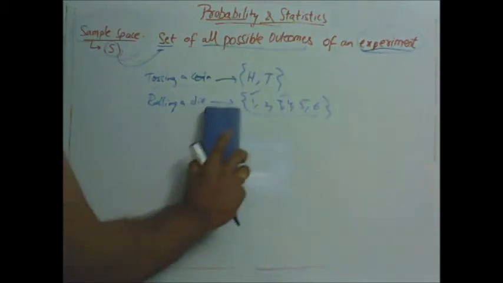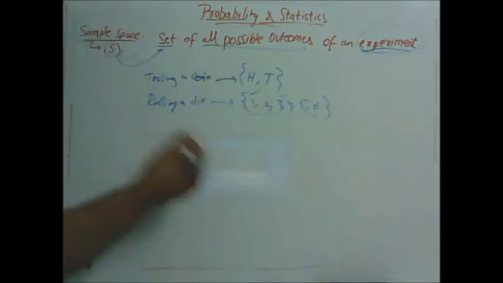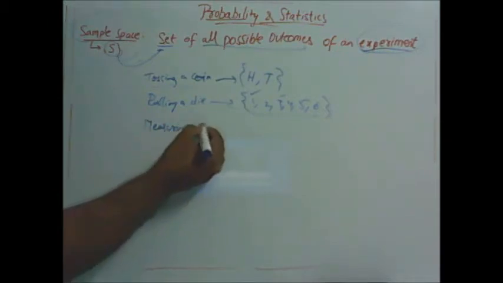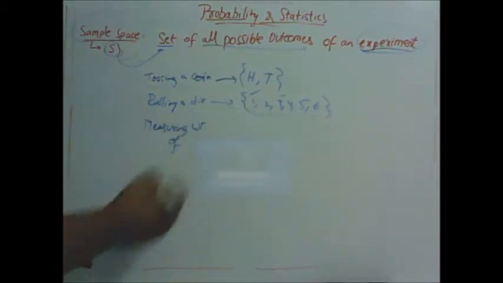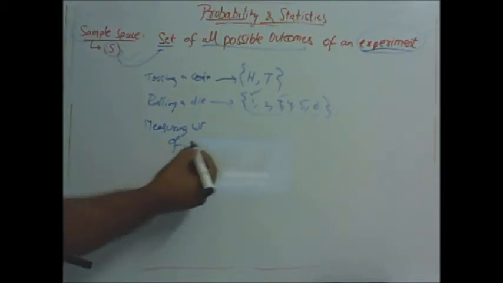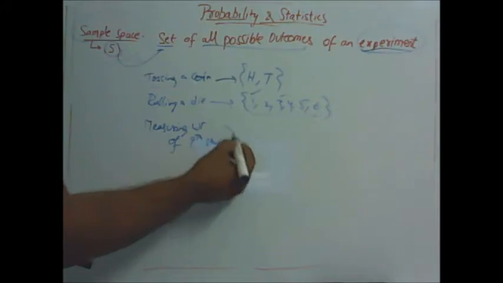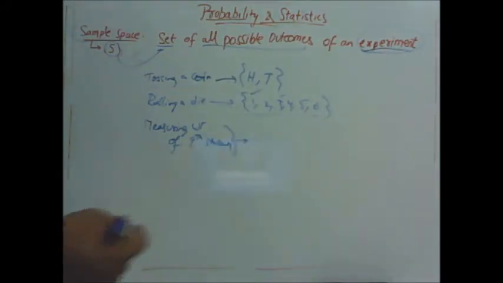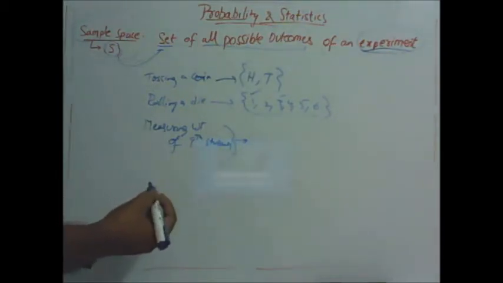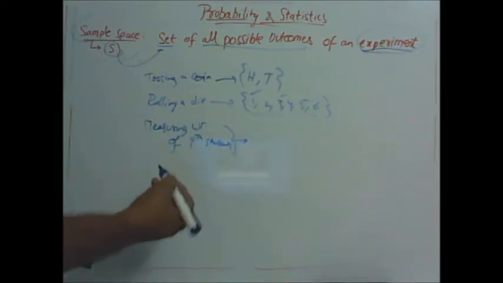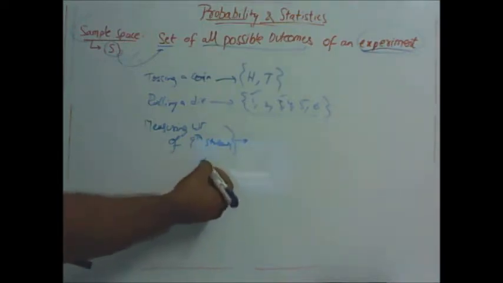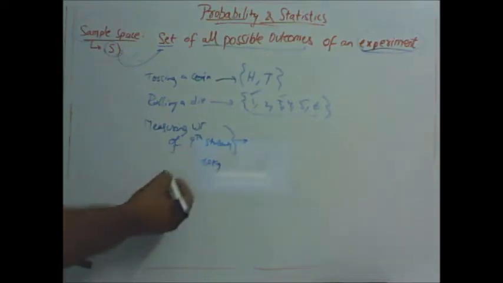So this is one thing. And the same with measuring weights. Measuring the weight of 9th class students is an experiment that is conducted to understand who is obese, who is slim, who is normal, everything. Say the maximum weight of any person in the 9th class is 60 kg and the minimum weight is 40 kg.